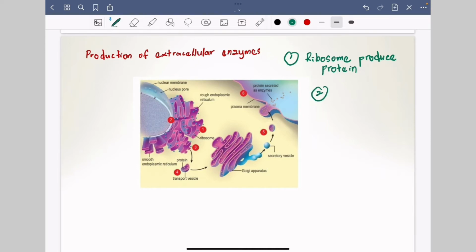And the second point, this protein will go to the rough endoplasmic reticulum through the lumen.